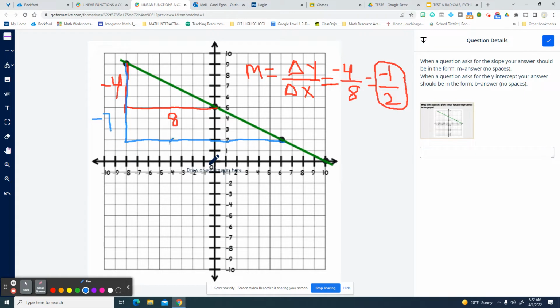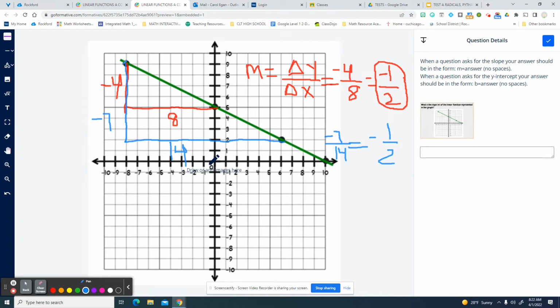So I'd wind up with -7 over 14, and -7 over 14 would still simplify to be -1/2. So it doesn't matter which points I choose, I should still come up with the correct answer.